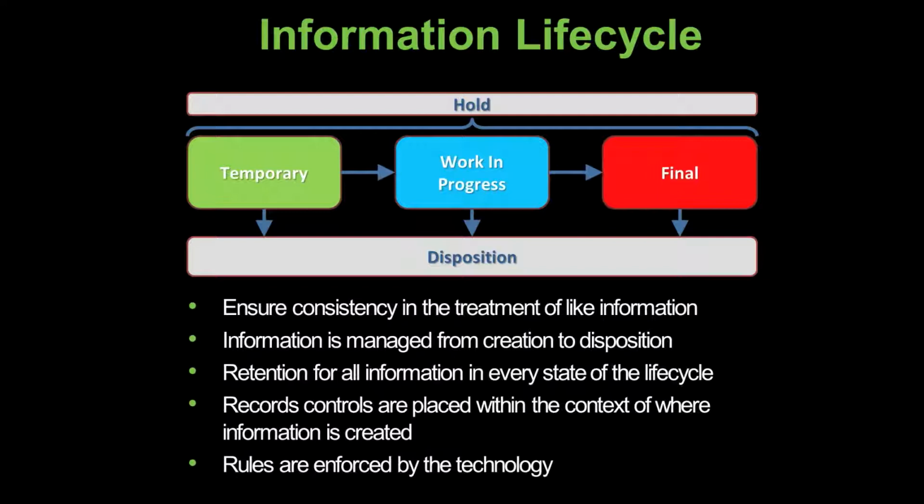So independent of where that information is created, independent of who creates that information, we will treat it the same. Information is managed from creation to disposition. So the fact that we are capturing information in a document management sense, and it is not a record still, means that we will control how that information is managed right the way until it is disposed.